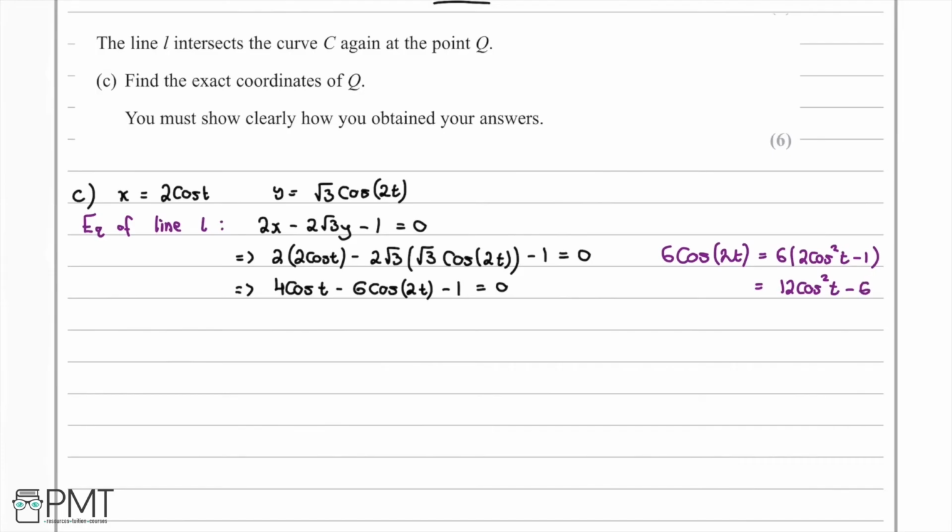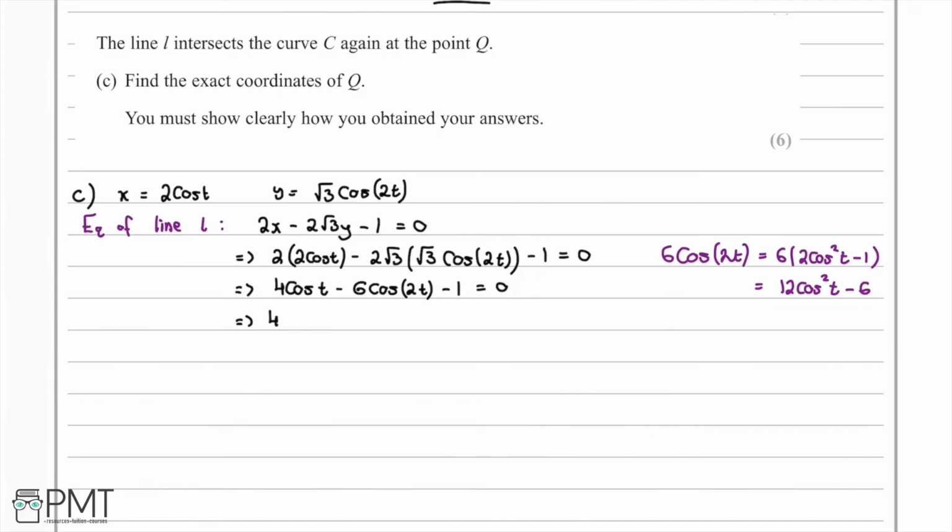The reason we want this is then we'll have a quadratic. We'll have a squared term, we'll have a simple t term, and then we'll just have a coefficient there. So we'll now substitute this 12 cos squared t minus 6 back into this equation.